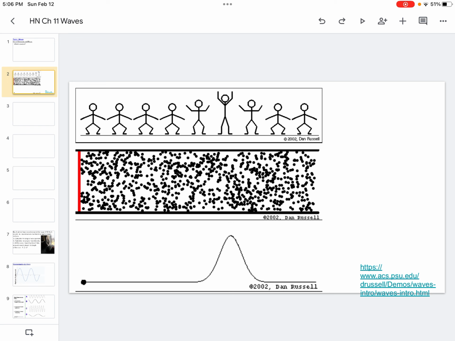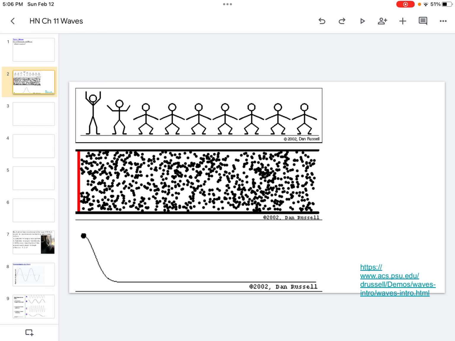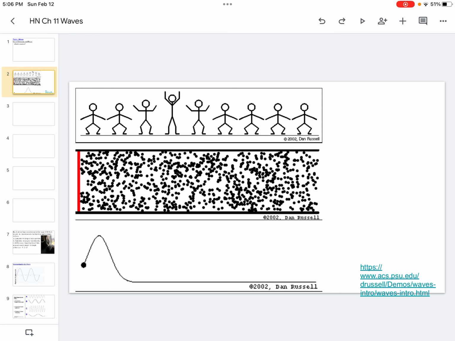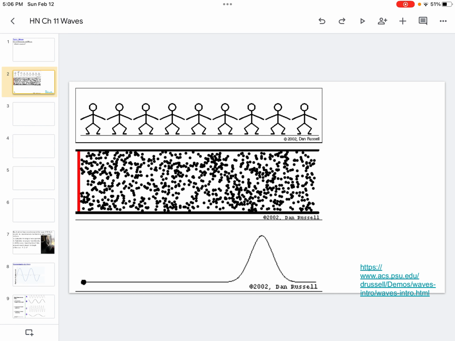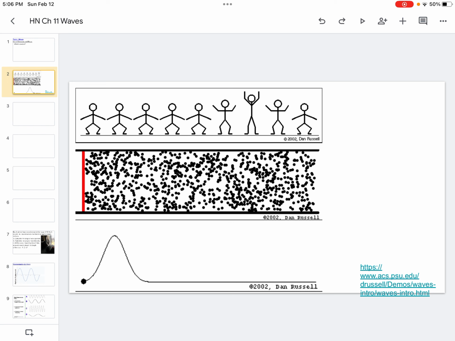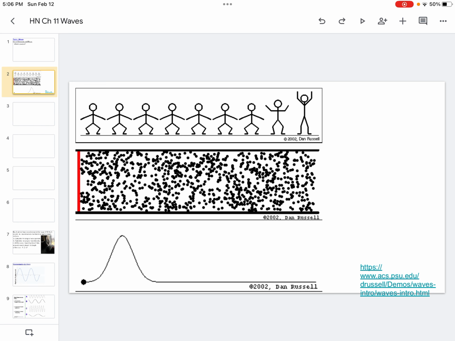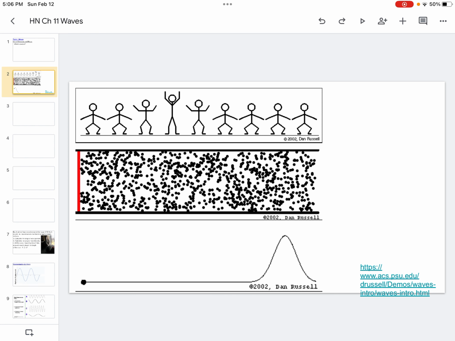The wave disturbance itself moves from the left side of the screen to the right side of the screen. And similarly with the wave and the string, the individual parts of the string are going to go up and down and then go back to where they were, but the wave itself moves across the screen.